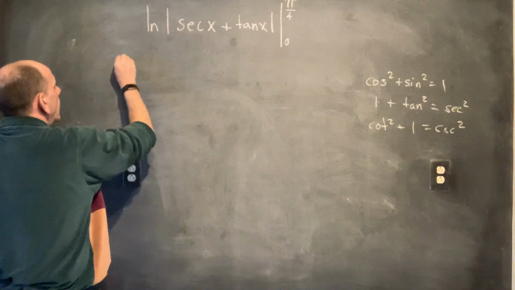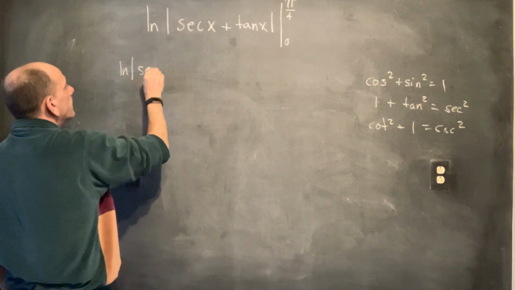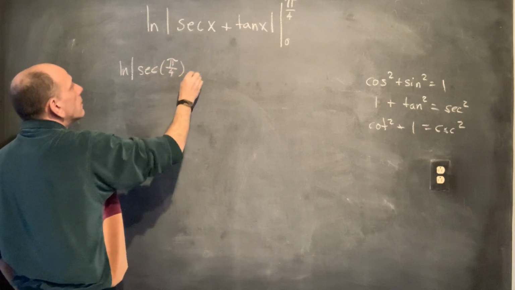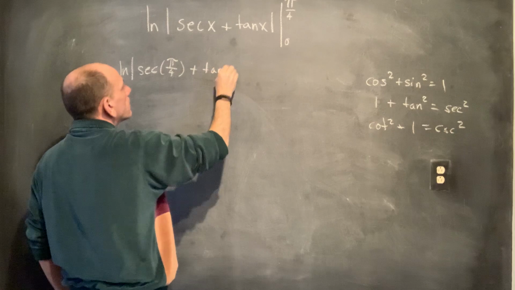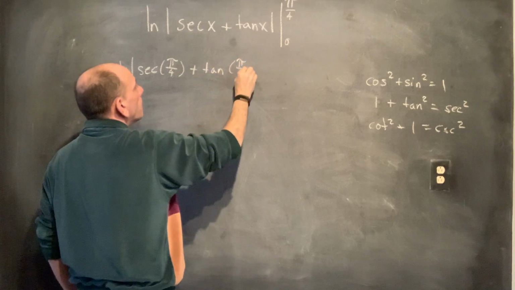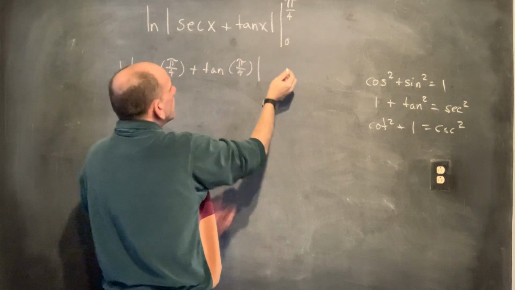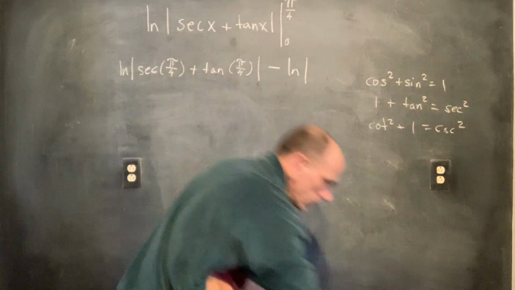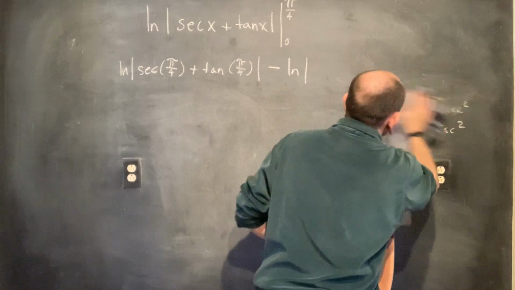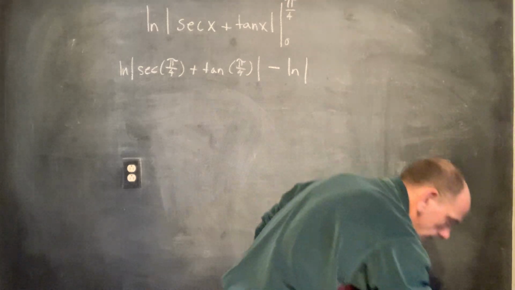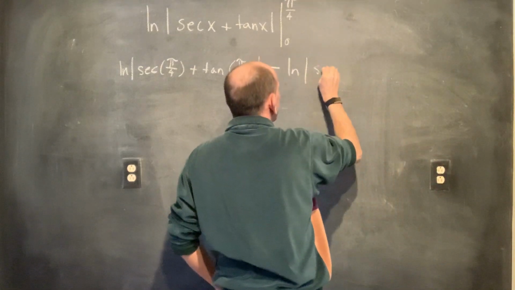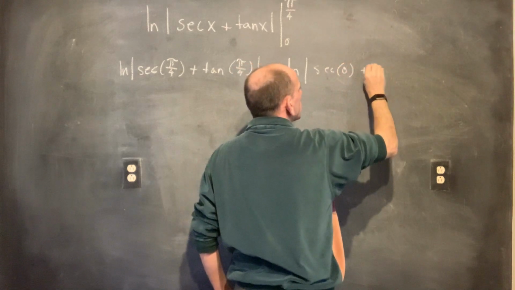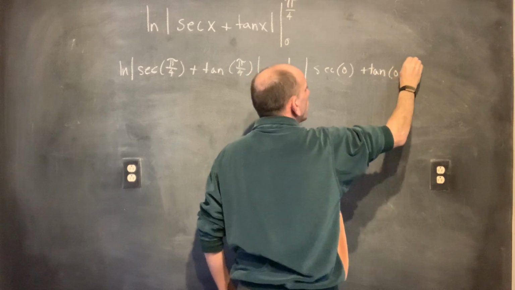So let's see, we have ln secant pi over 4 plus tangent pi over 4, minus ln absolute value. Now I'm evaluating at 0. Secant 0 plus the tangent 0.